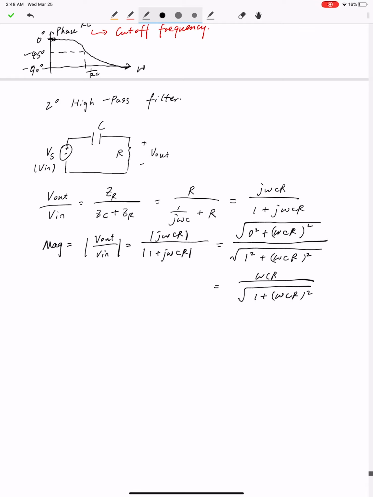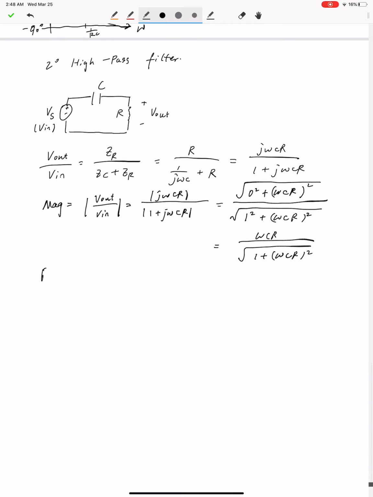Okay. And you can also find the phase angle expression. That is 90 degrees, because the phase angle of the top side of this complex number is 90 degrees, minus tangent to the power of minus 1 of omega C R divided by 1.